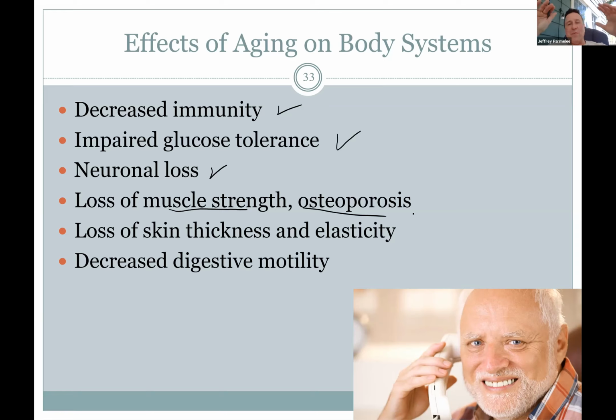You have more bone breakdown, osteoporosis, a little stronger in women related to estrogens. Your skin gets thinner and less elastic, and your healing is much less. When you look at a geriatric patient, it takes much longer to heal even skin wounds as well as bone breaks. And your digestive system and your teeth are usually the problem in the elderly, with even more issues of constipation and digestive problems.